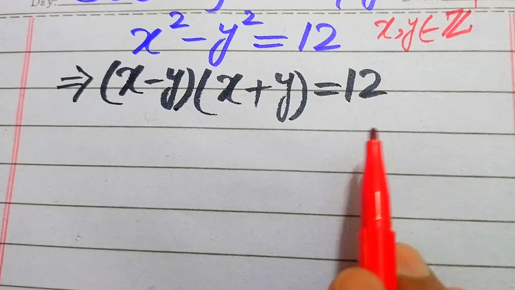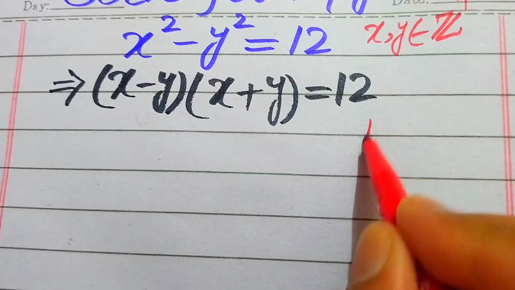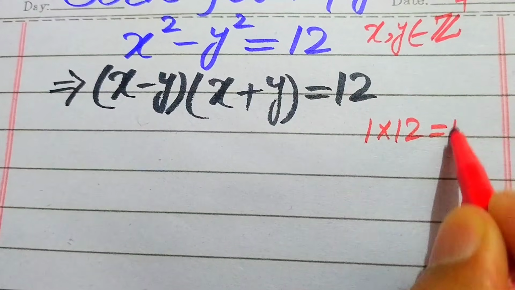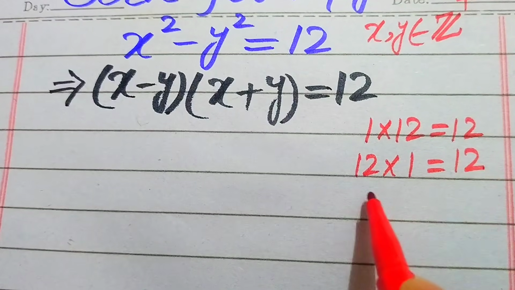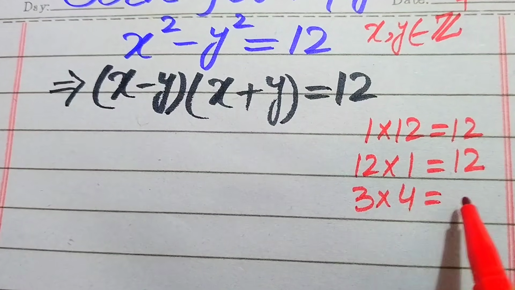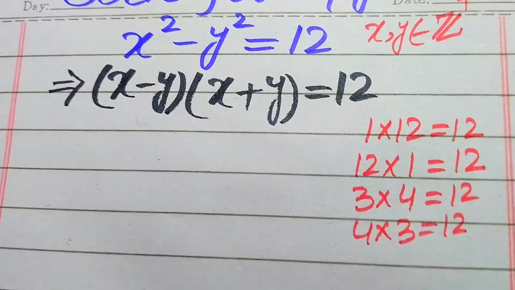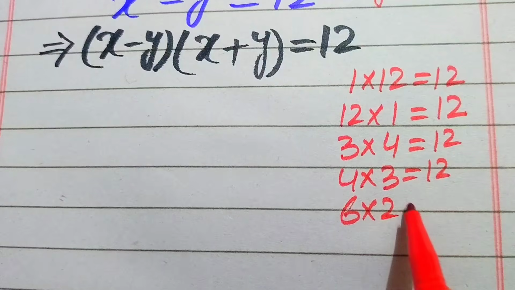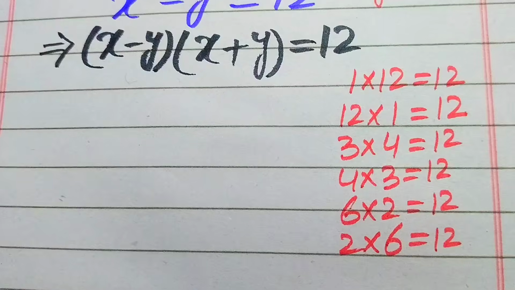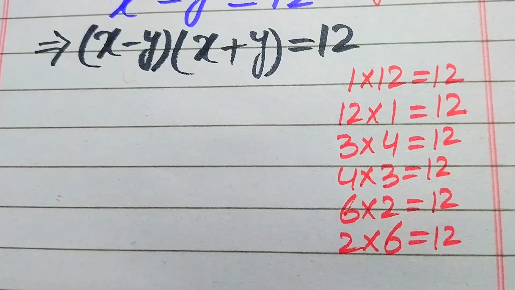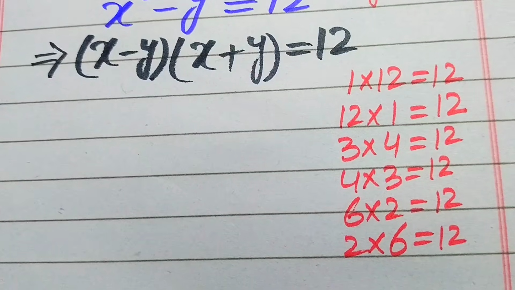So these are 1 times 12 is equal to 12, and 12 times 1 is also equal to 12. 3 times 4 becomes 12, and 4 times 3 becomes 12, and 6 times 2 becomes 12, and 2 times 6 also becomes 12. So we have these 6 possibilities, but here we choose the possibilities which satisfy our given condition.